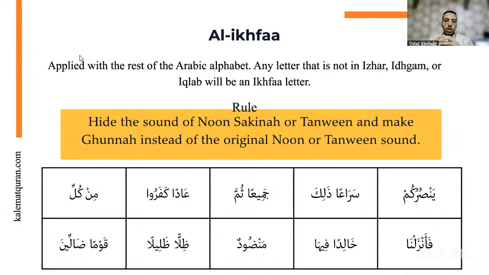So we can see that the rule of al-ikhfa is applied with most of the Arabic alphabet, because we mentioned only a few letters in the previous rules, and this rule contains the rest of the alphabet. It is the biggest part and the most common rule we find while reading. So let's find out how we do al-ikhfa to the noon sakina or the tanween.